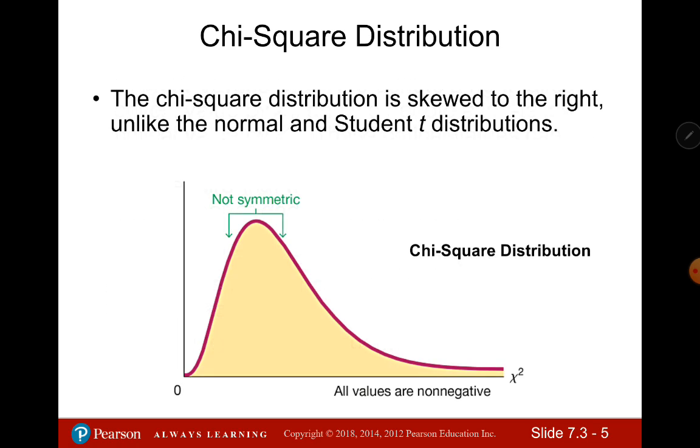This is the shape of the chi-square distribution, so we find it's not symmetric. It's not a bell-shaped curve, it's skewed to the right side. That's the reason why we need to check two critical values, and that's the reason why the confidence interval for variance or standard deviation does not follow the previous format, plus minus margin of error.